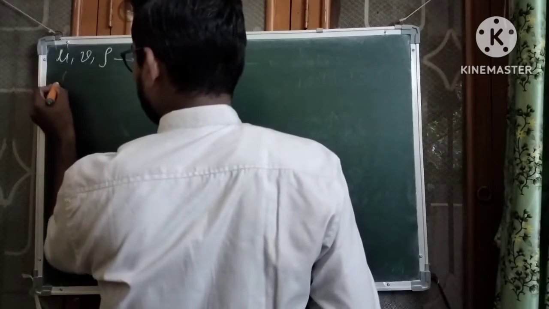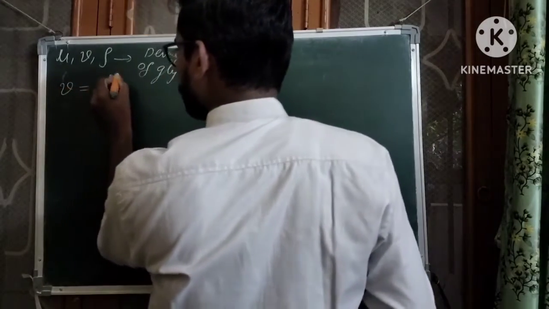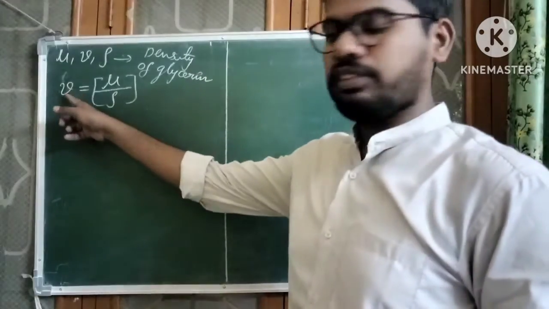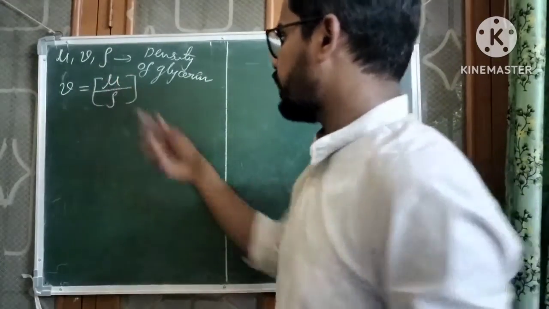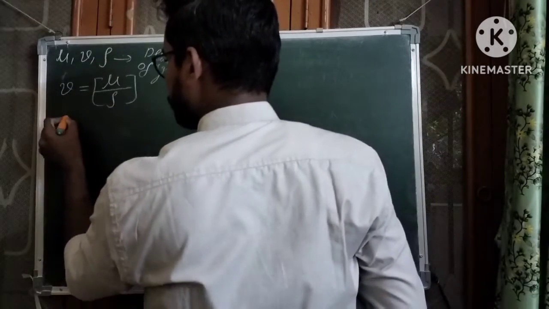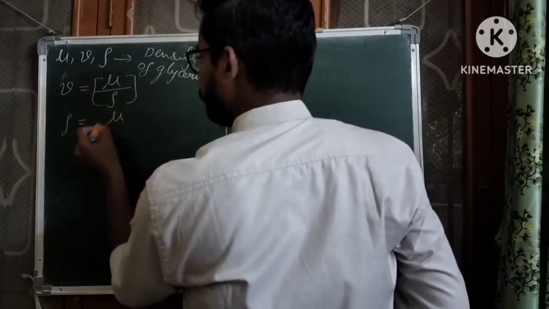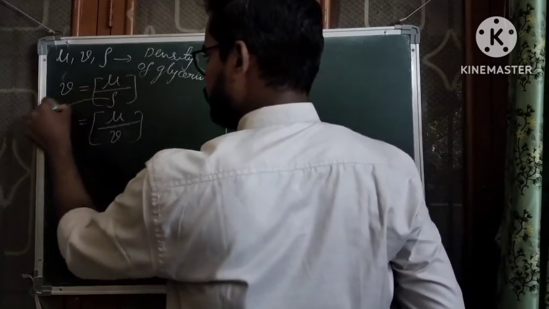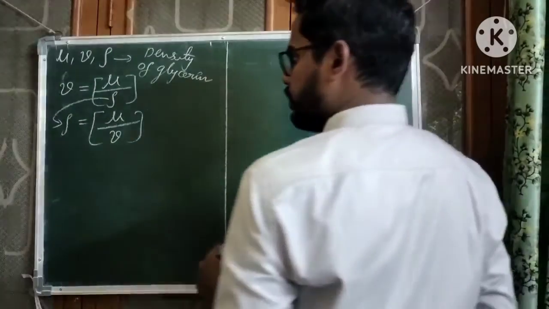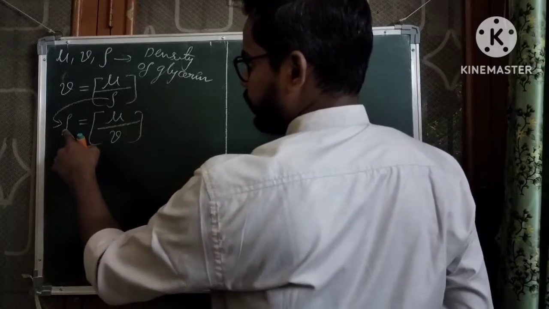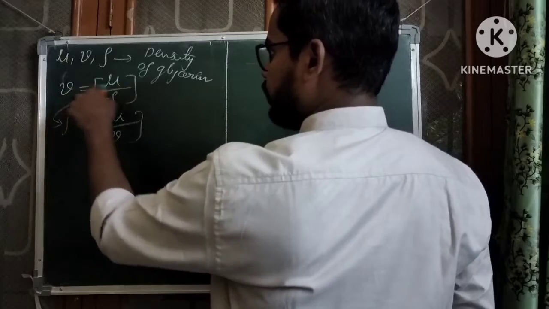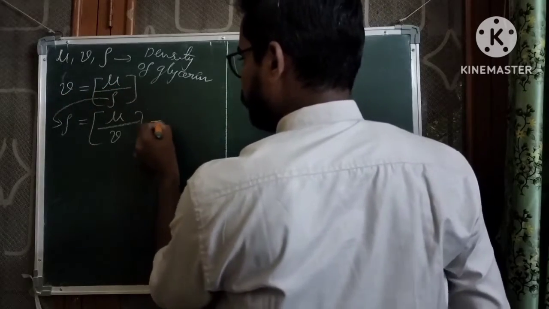Kinematic viscosity is equal to dynamic viscosity divided by density. So we need density. Density is equal to mu by nu. From this formula, it can be rewritten as rho equals mu by nu.